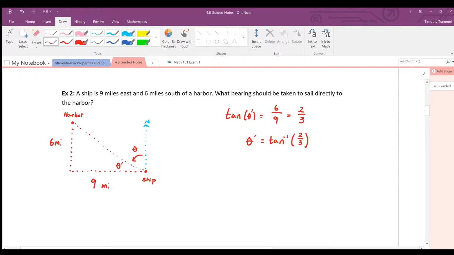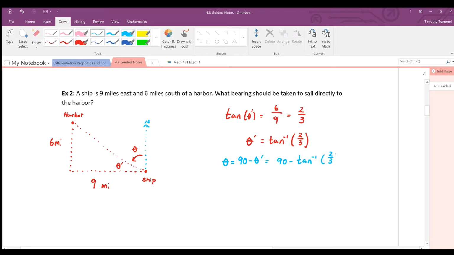If you were curious what this angle came out to be, you could plug it in your calculator, but I don't need to know exactly what this angle is because it's not the angle I'm looking for. This will suffice for theta prime. Let's figure out what theta is. You can see that should be 90 minus theta prime, or 90 minus tangent inverse of 2/3.